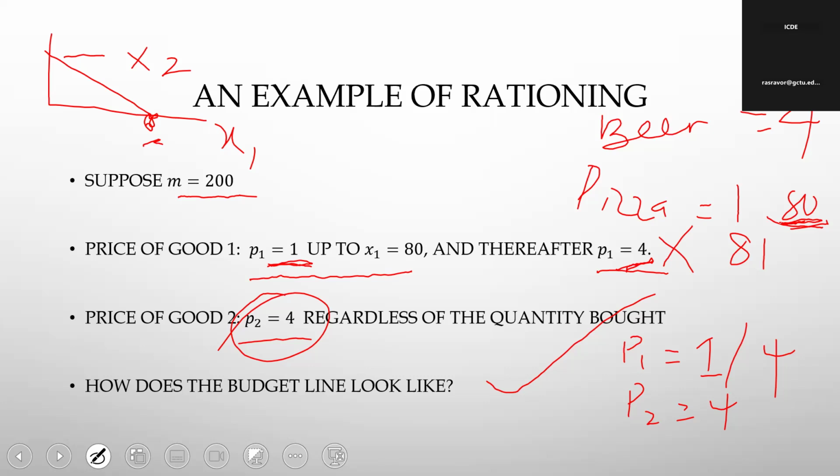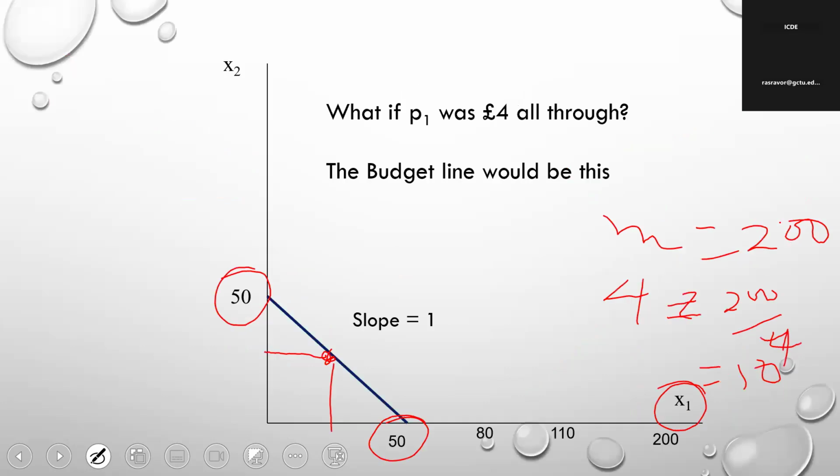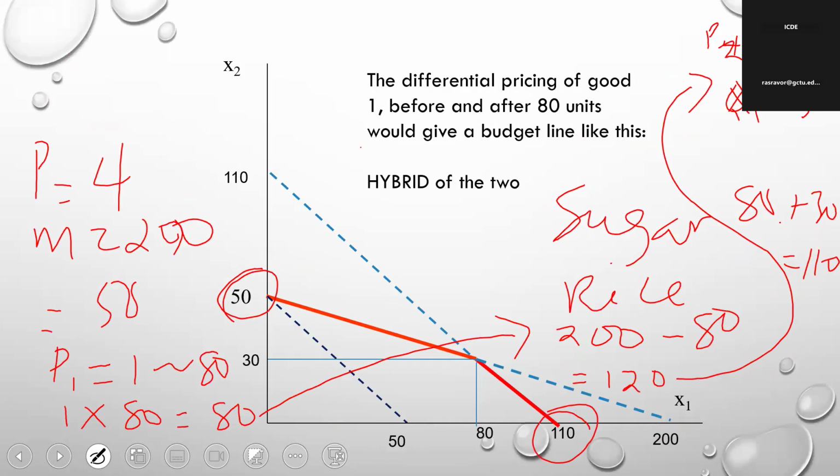We'll say, okay, our first 80. If I buy 80, I'll pay 80 cedi because 1 is 1 cedi. Anything after 80, I'll pay 4 cedi for it. So if I take my 80 cedis from my income of 200, I am left with what? 120. That's what we had here.